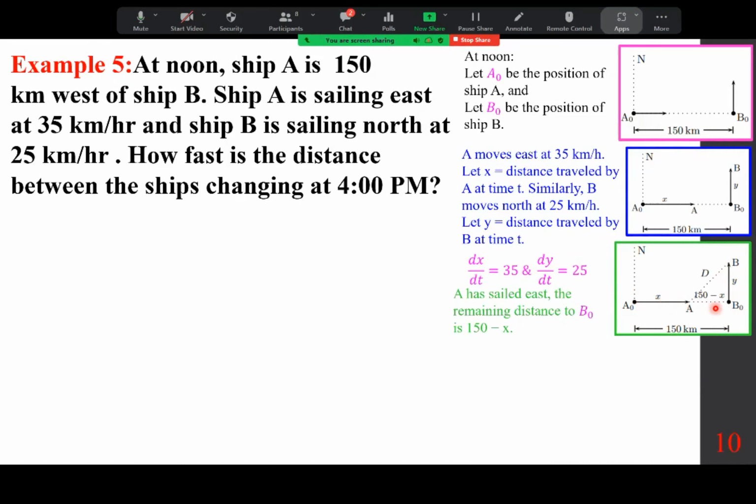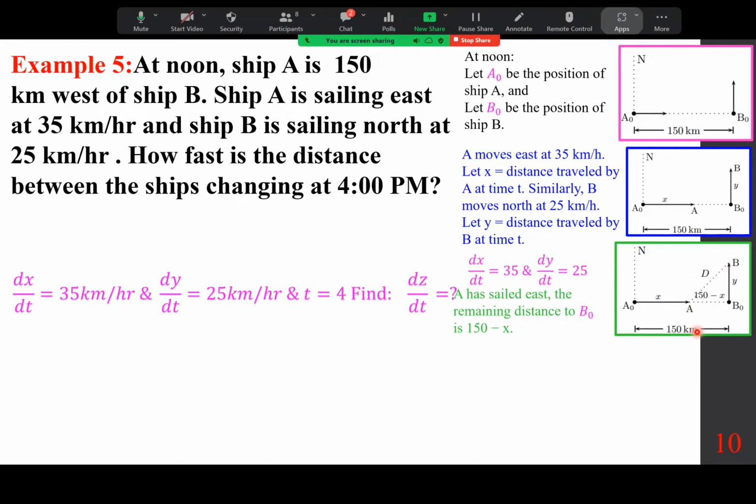And if this is x and the total distance is 150, then the distance remaining for this part is 150 minus x. That's why, if you don't have the variables x and y defined clearly for your reader, and you start getting to the formula without writing those, it makes no sense. And one wonders where it comes from.